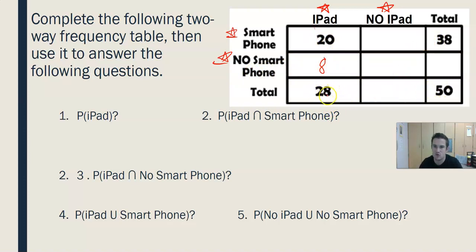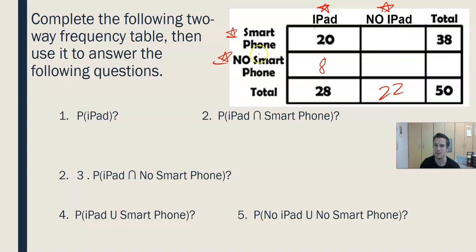If I have 28 total people who have iPads and a certain number who don't have iPads, that means I'm going to have a total here of 50. So 50 minus 28, that's 22. 28 people with iPads, 22 people without iPads for a total of 50 people, because this is my sample size. This is how many total people I have here.